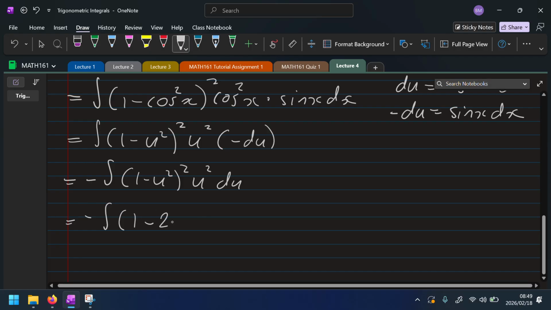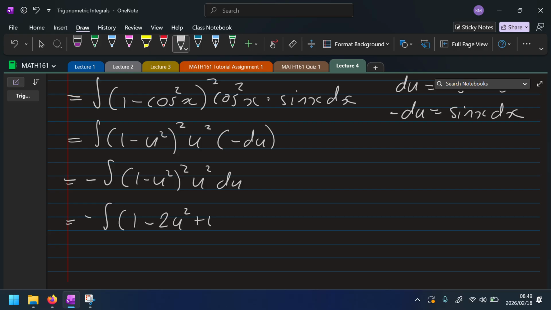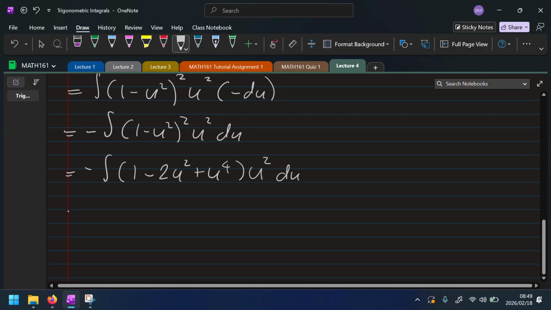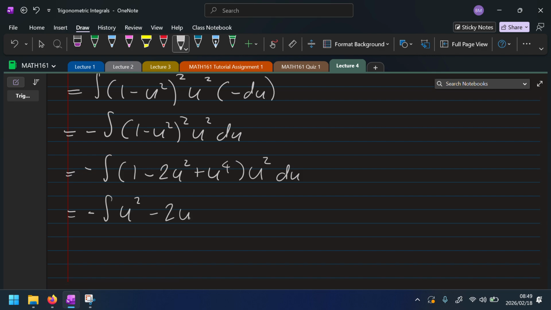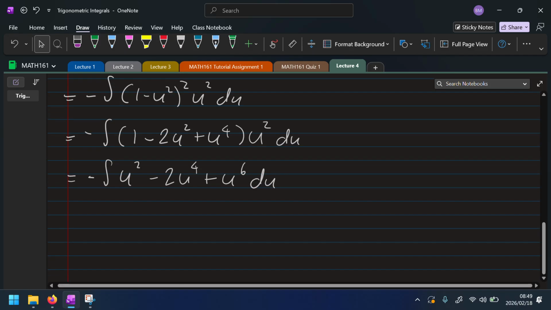So it will be 1 minus 2u squared plus u to the 4, u squared still on the outside. Then we distribute inside. So this will be minus the integral of u squared minus 2u to the 4 plus u to the 6. Okay, once that's done, just normal power rule, then we're done.